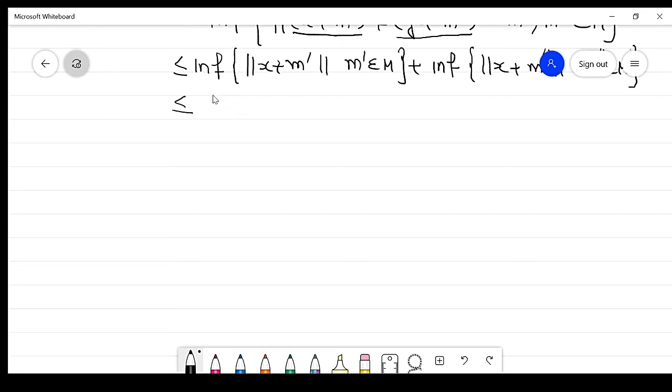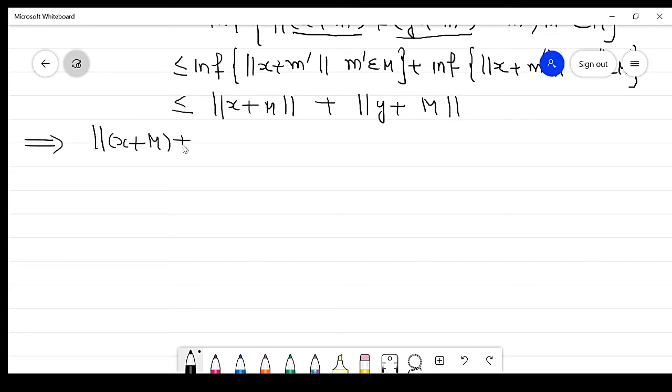So what is this? This is the norm of x plus M, plus this is the norm of y plus M. So it implies the norm of x plus M plus y plus M is less than or equal to the norm of x plus M plus the norm of y plus M, right?